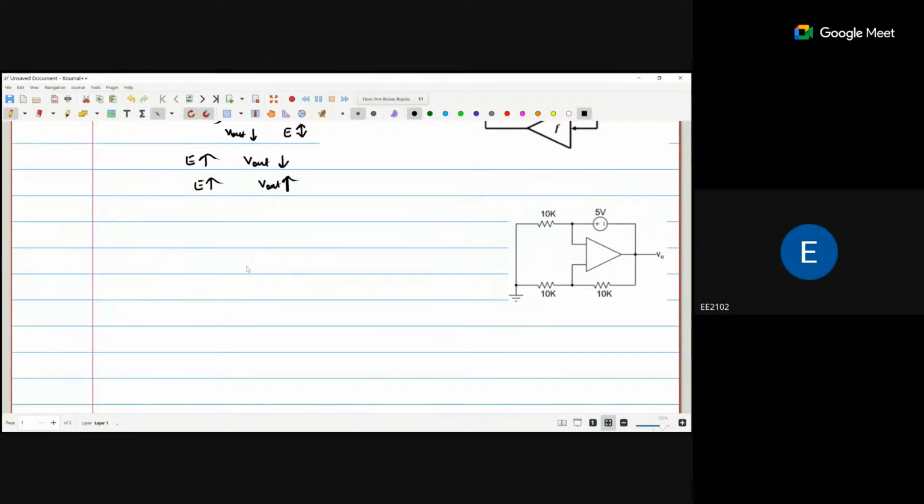If we go from the bottom circuit, the thing is that if this voltage is greater than that voltage, for example this is VA and this is VB, and I say that VA is greater than VB, then VA is the inverting terminal.